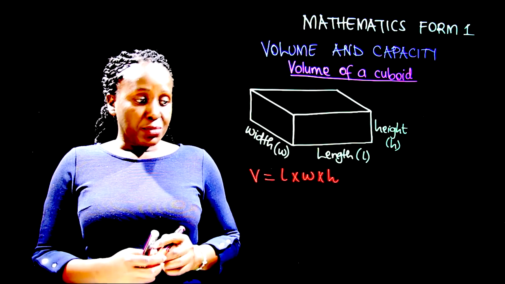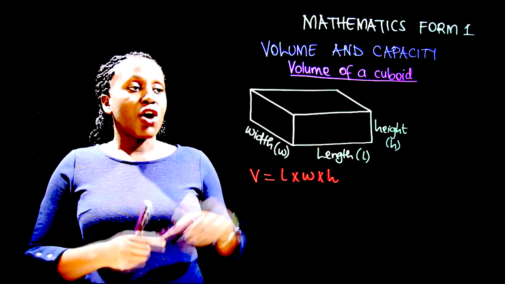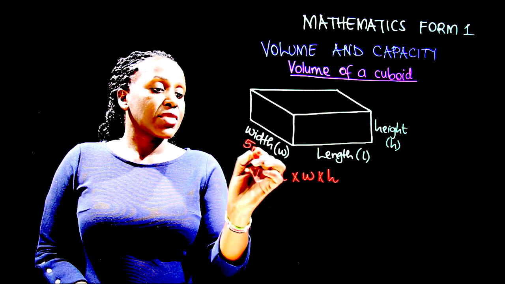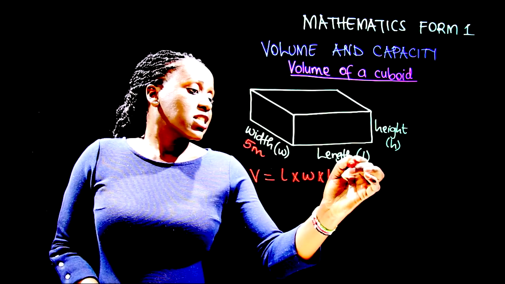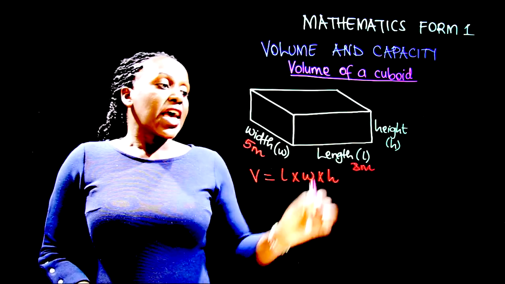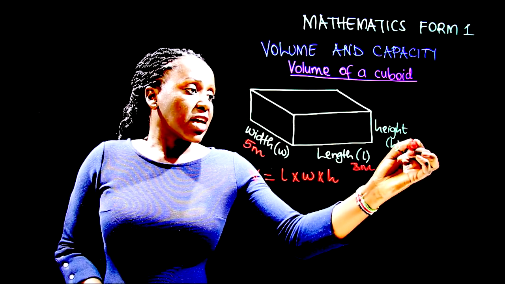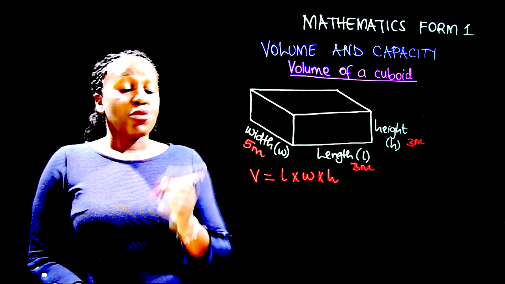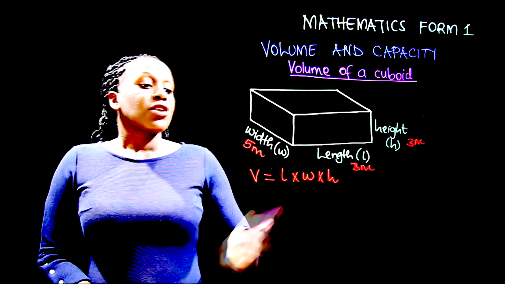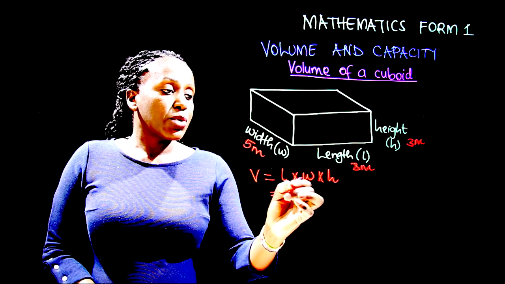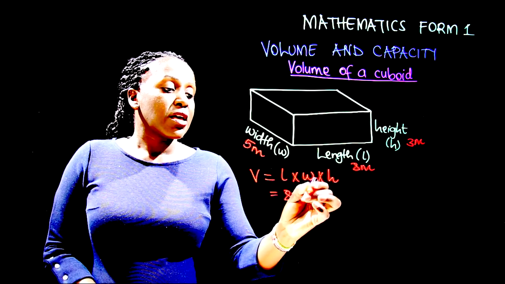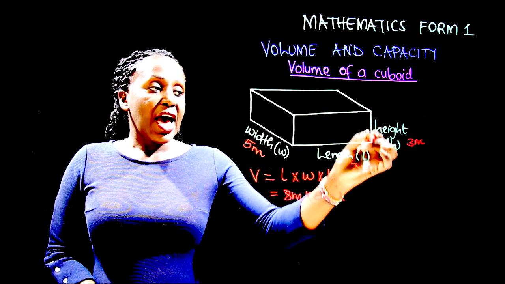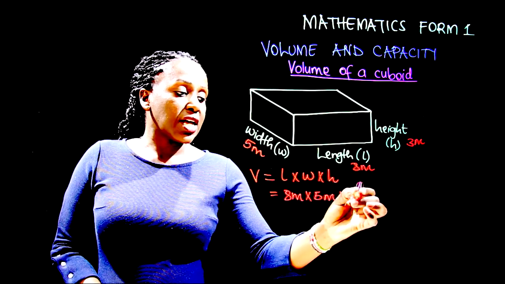So let us assume that the width of our cuboid here is 5 meters, the length is 8 meters, and the height is 3 meters. What would we say is the volume occupied by this cuboid? We would multiply the length, which is 8 meters, by the width, which is 5 meters, by the height, which is 3 meters.